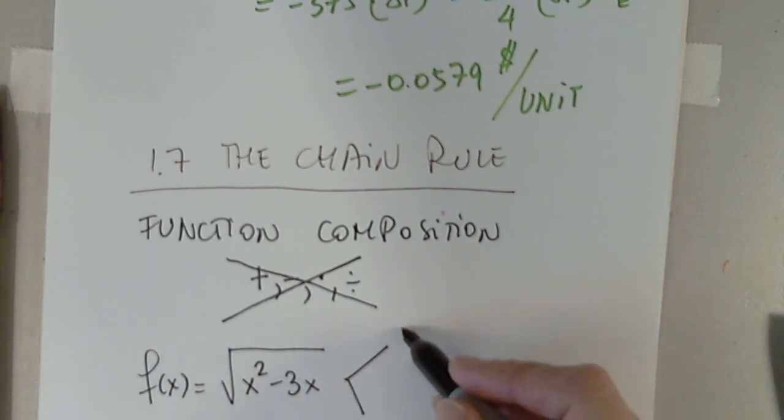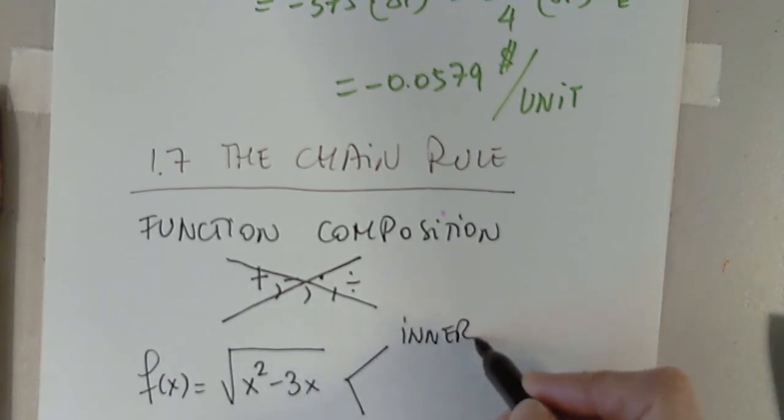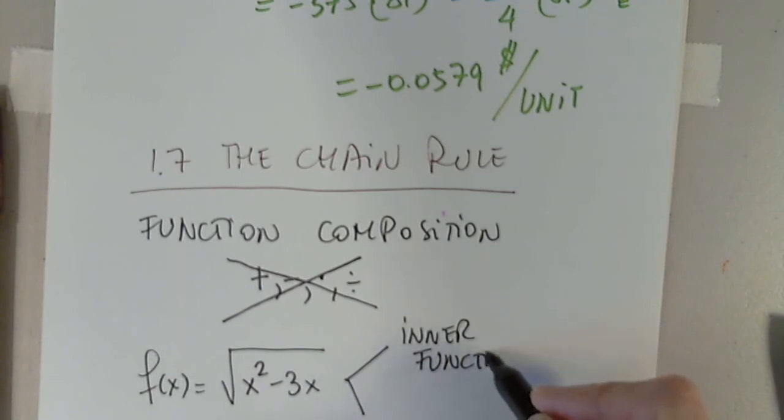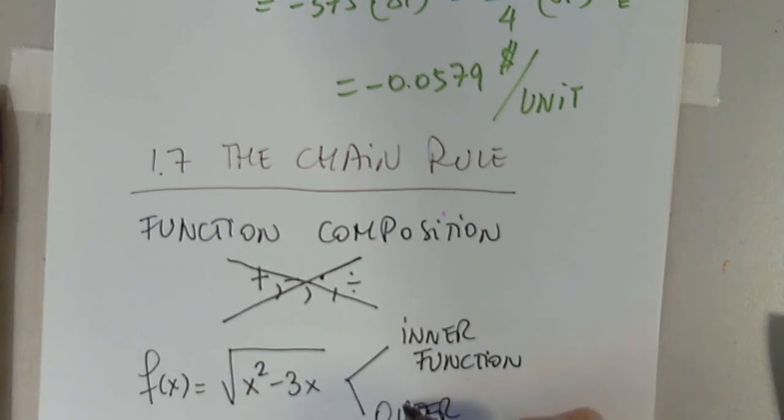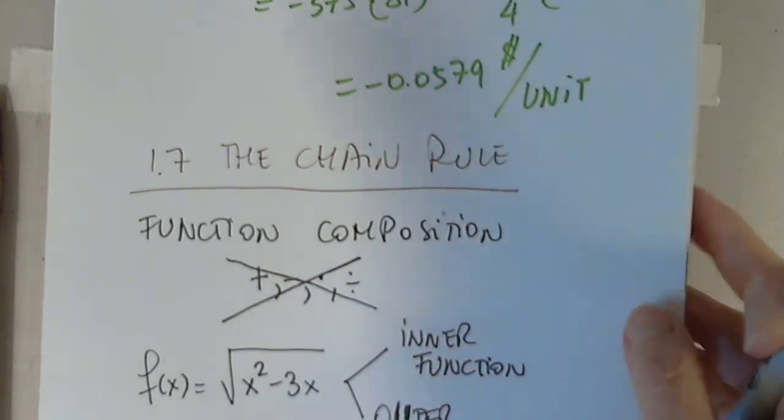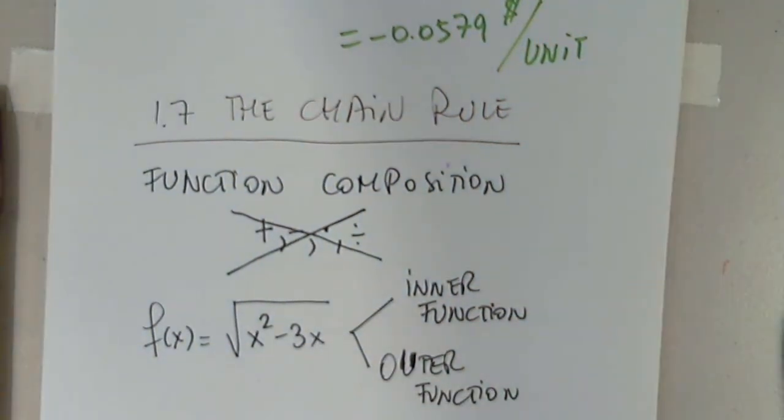Can anyone identify which is the inner function here and which is the outer function? Which is the function that we apply first to x, and which is the function that we apply second?